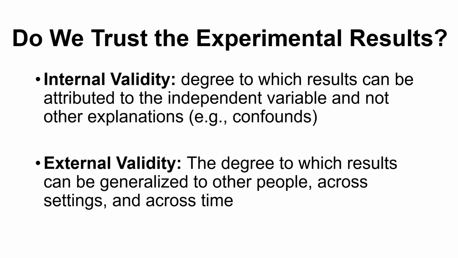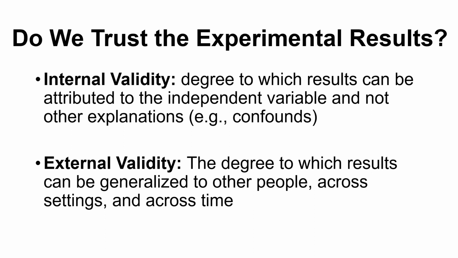Basically, how sure are we that the difference that we saw in our dependent variable was caused by the manipulation of our independent variable? So in our drug example, how sure are we that the drug group having an increased mood was actually caused by the administration of the drug?